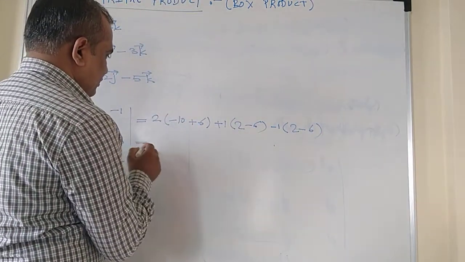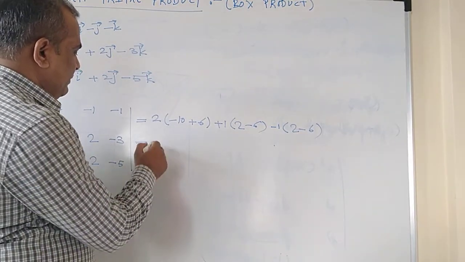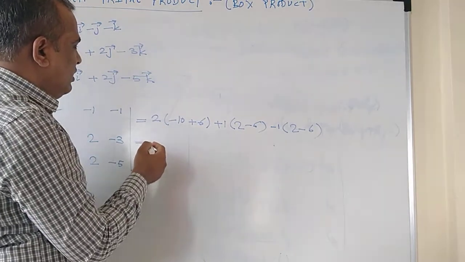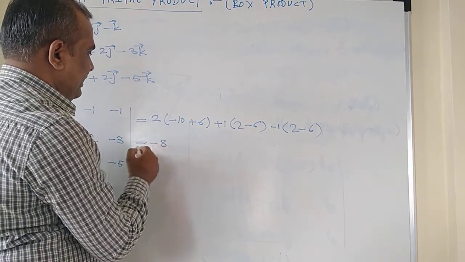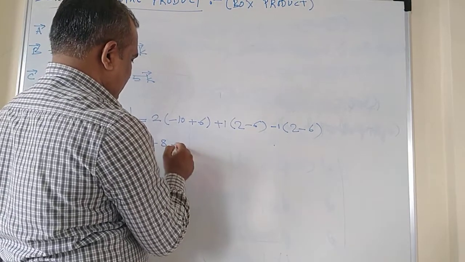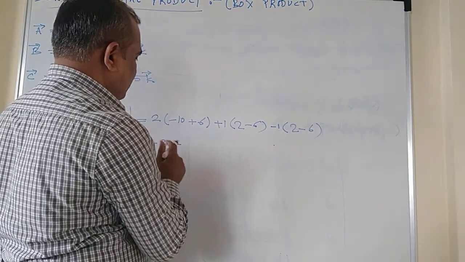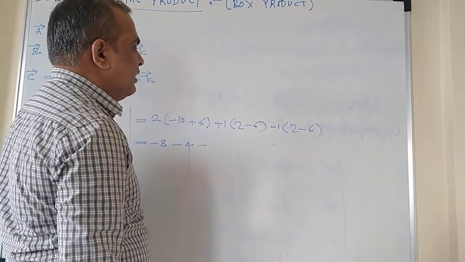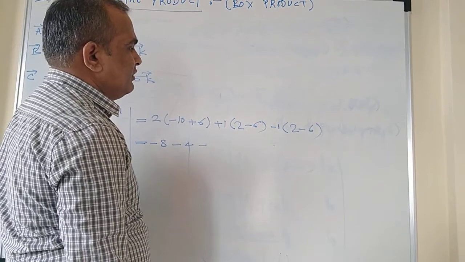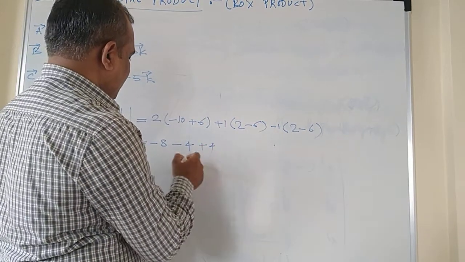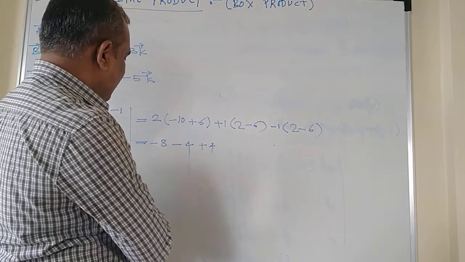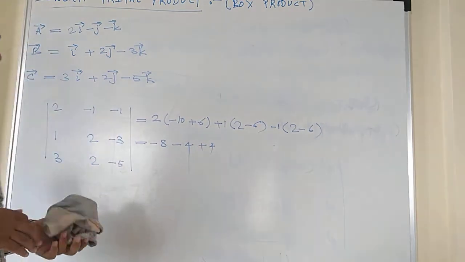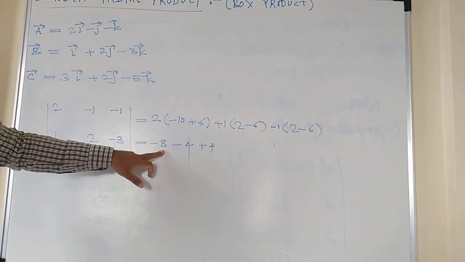This will give you how much? 6 minus 10 is minus 4. Minus 4 into 2 is minus 8, plus, minus times 2 minus 6 which is minus 4, minus minus will be plus 4. Something is wrong. This 4 and 4 get cancelled and the result is minus 8. But you should not get the answer equal to minus 8. Your answer must be equal to 0.